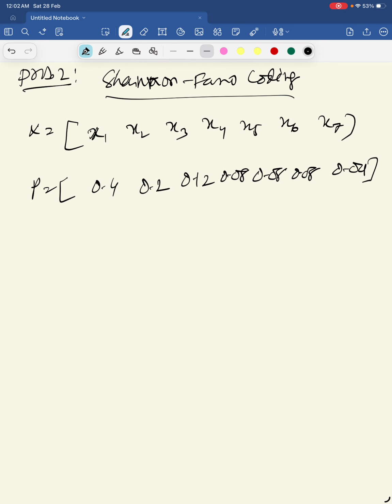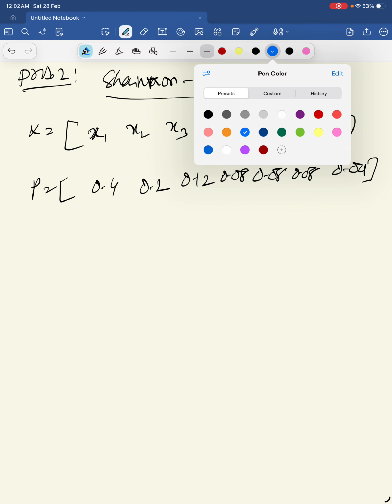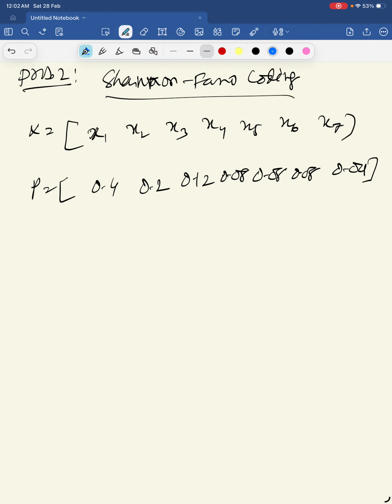But here the advantage is that in this numerical the probabilities are already arranged from higher to lower, so we need not arrange them again. So the first column is message.